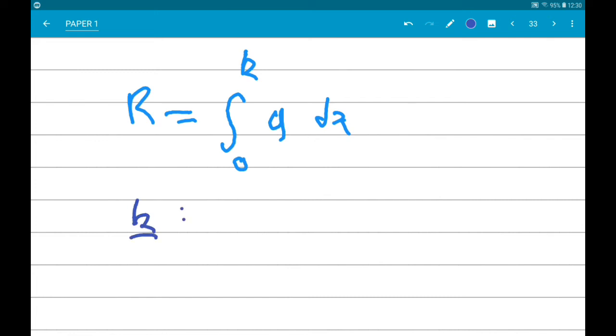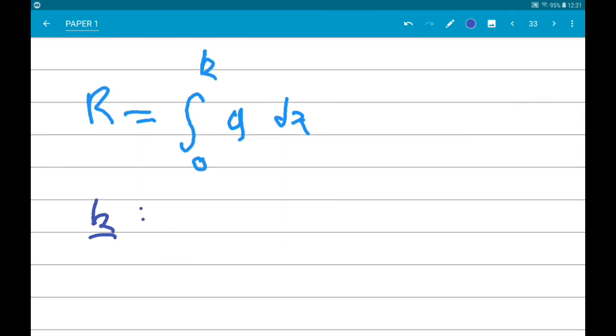We know at a stationary point dy by dx is 0.